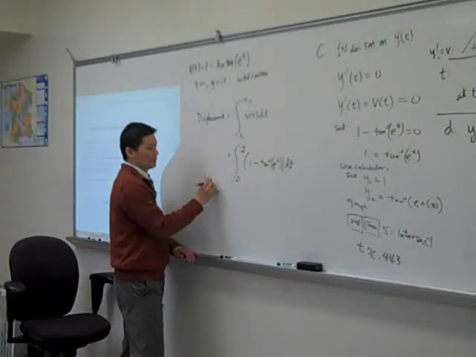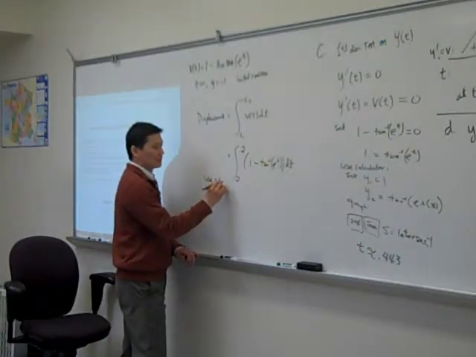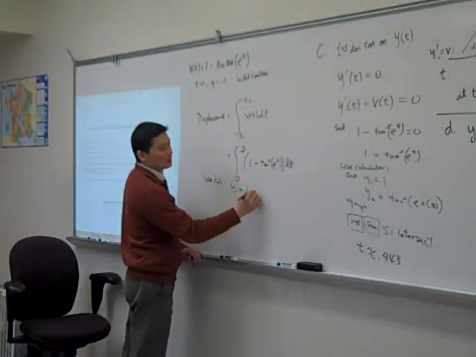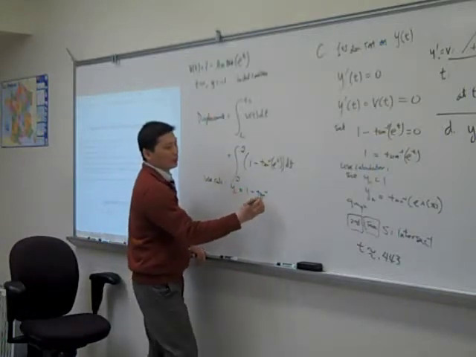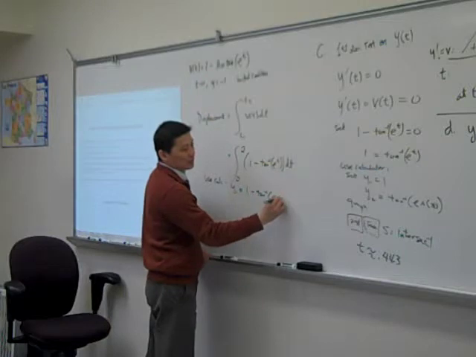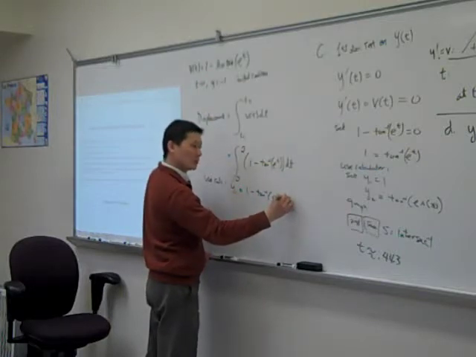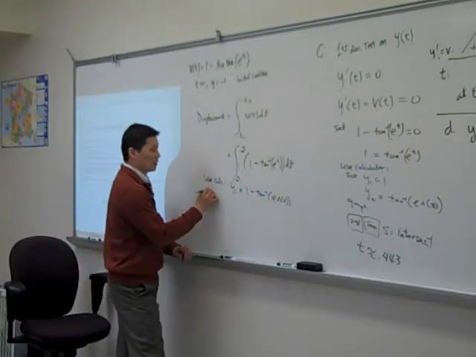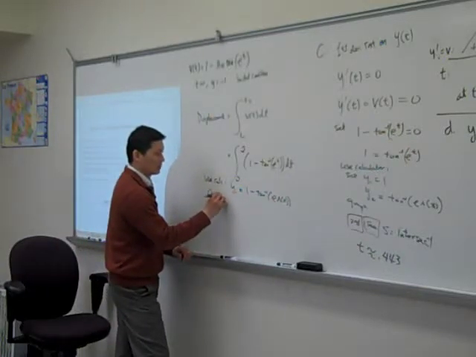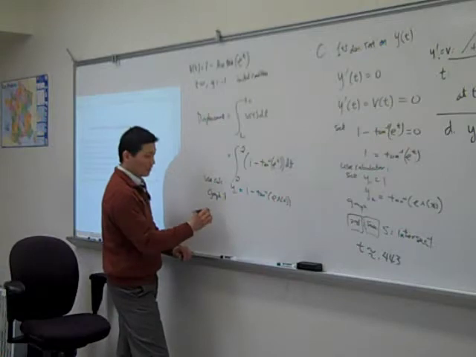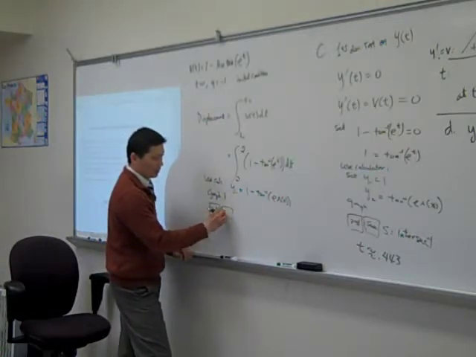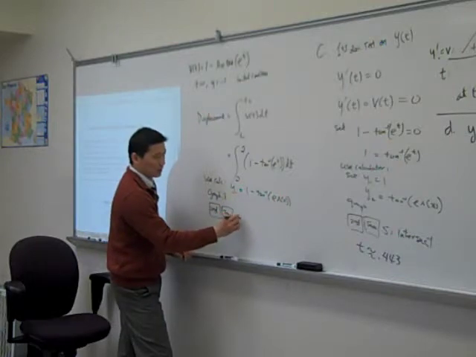Now you can use your calculator. y1 is equal to 1 minus inverse tangent e to the x. Right? Graph it. Then use second trace.